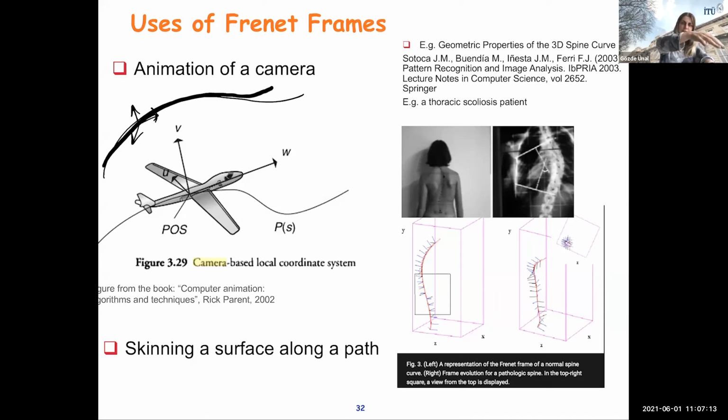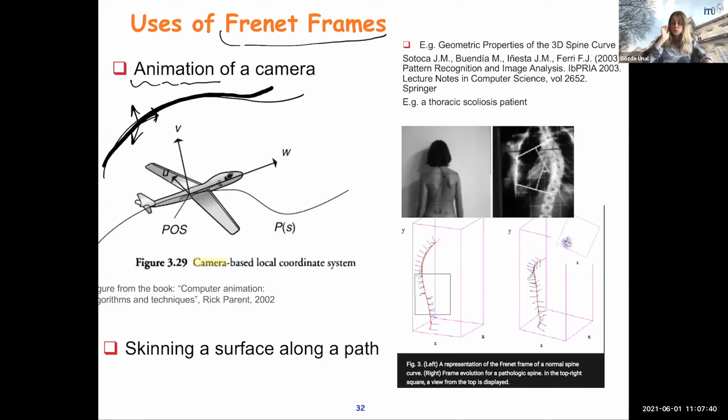You are moving along a trajectory curve, moving some agent, figure, or object. So in computer graphics, Frenet frames are well known and defined. That's animation, we could say, because you want to move an object along a trajectory.